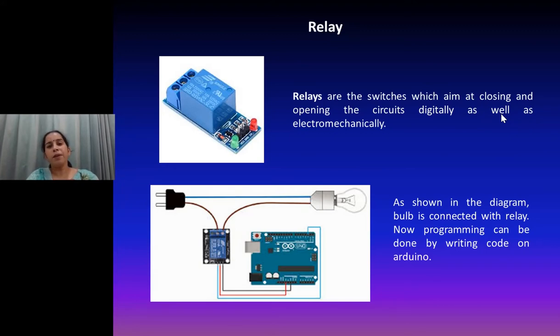It will be in between the device and the Arduino, as depicted in the picture below. A bulb is connected with a relay, and the relay is subsequently connected with the Arduino. The Arduino will give the instruction to the relay, and the relay will finally control the bulb.